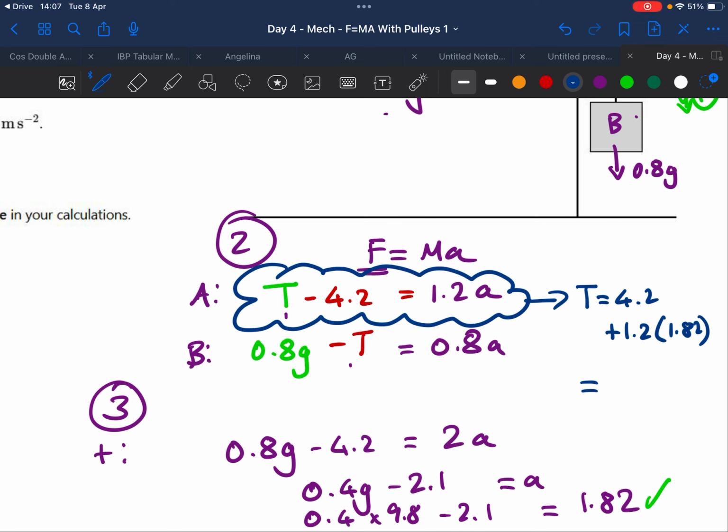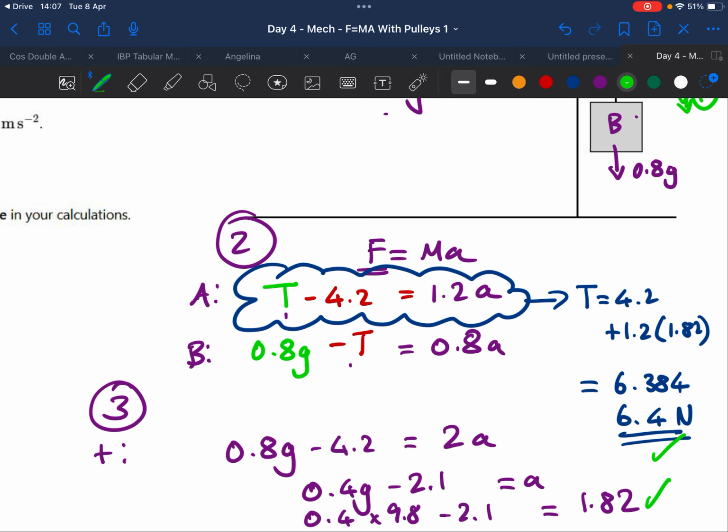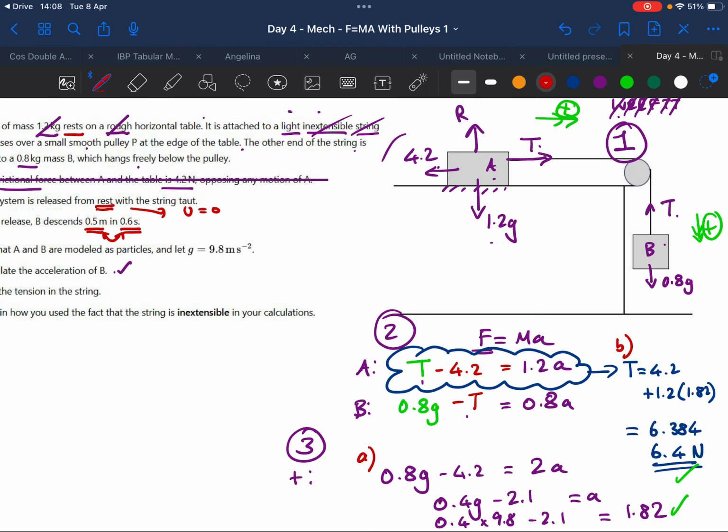Well, let's do 1.82 times 1.2, and then we'll add 4.2 onwards, and we get 6.384. Okay, or we could say then underneath 6.4 newtons. So that's my part A, and then that's my part B.